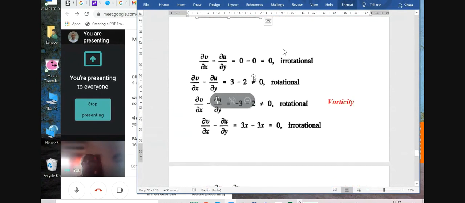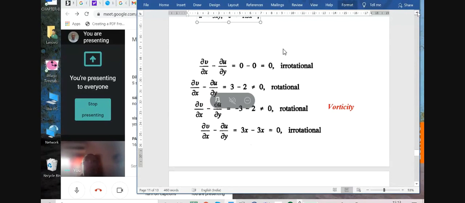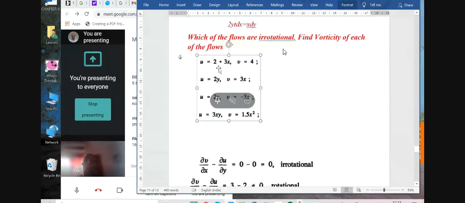In fact, you will see that in those cases where the flow is rotational, you will get a non-zero value, and for irrotational, you will get 0. For the first one and the last one, these two cases are irrotational.